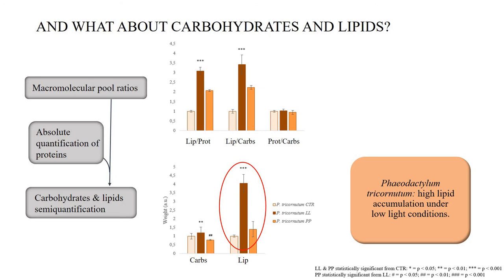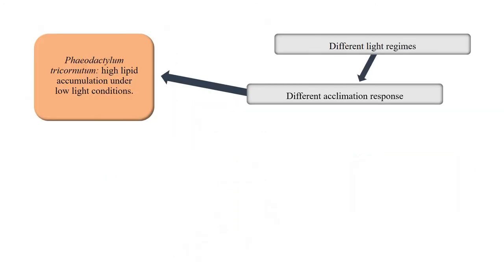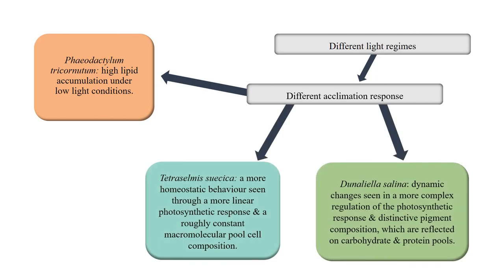In conclusion, differences in acclimation responses were observed not only between the green and red evolutionary lineages, but were also observed between the algae of the same phylum. Tetraselmis suecica exhibits a more homeostatic behavior than Dunaliella salina, seen through a relatively linear photosynthetic response, whereas in Dunaliella salina its regulation is much more complex.